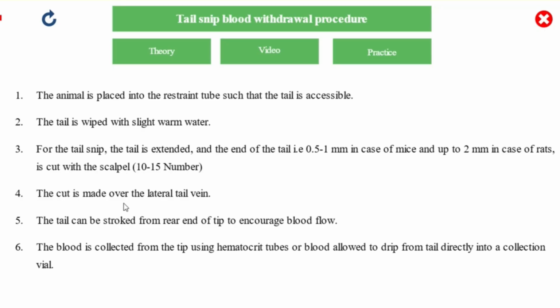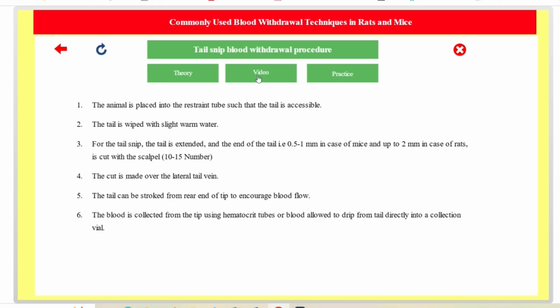The cut is made over the lateral tail vein. The tail can be stroked from the rear end to the tip to encourage blood flow. The blood is collected from the tip using hematocrit tubes, or blood is allowed to drip from the tail directly into the collection vial.